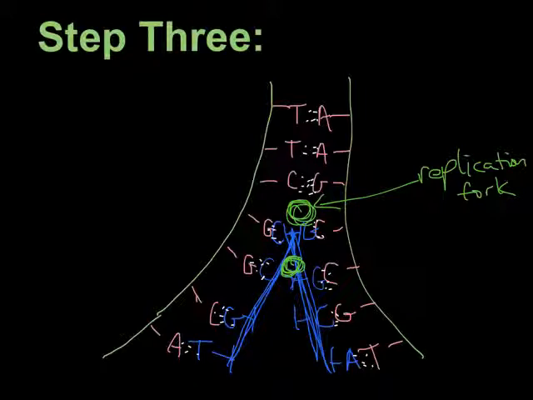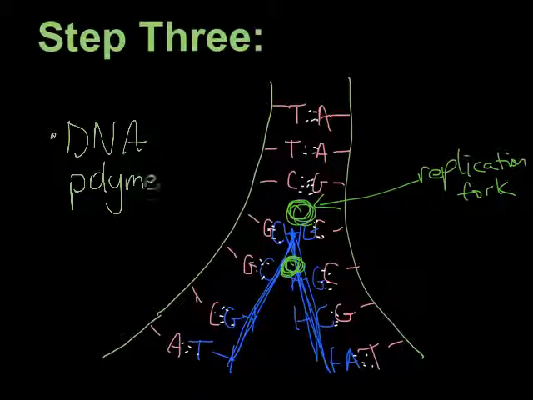So DNA helicase would then move in and undo the next few hydrogen bonds, and then we would rebuild more DNA right next to those original strands. The molecule that rebuilds the DNA is called DNA polymerase. If you notice, both DNA polymerase and DNA helicase end in ASE.